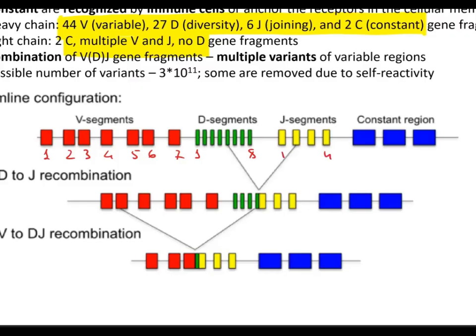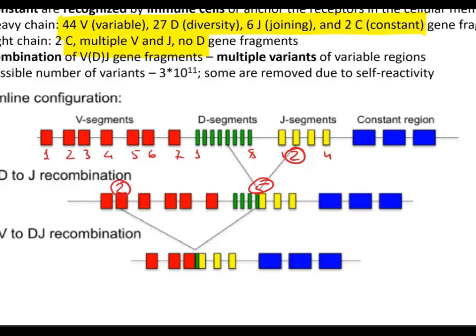So you pick one. Let's say you pick number 2 out of your V segments. And then let's say you pick number 5 out of your D segments. And then you pick number 2 out of your J segments. So you have that combination, 2-5-2, which makes the B cell receptor specific to an antigen.